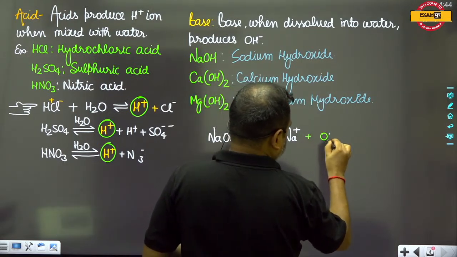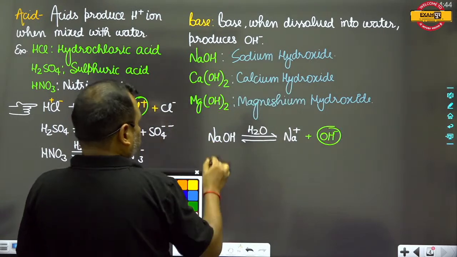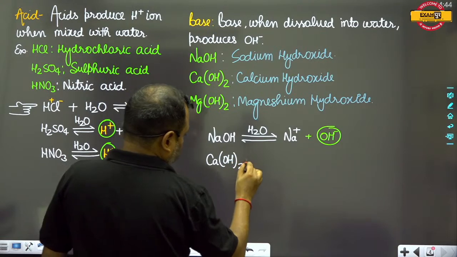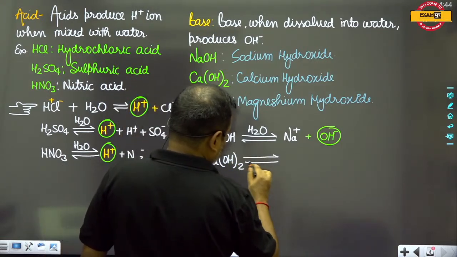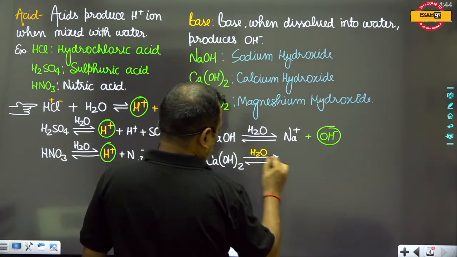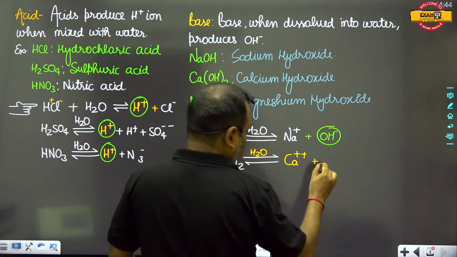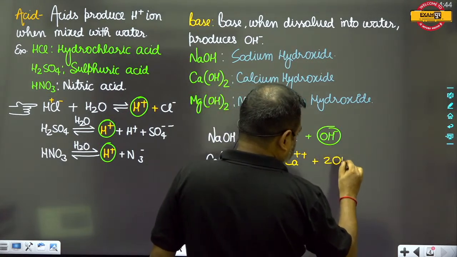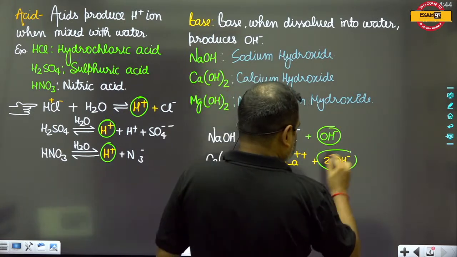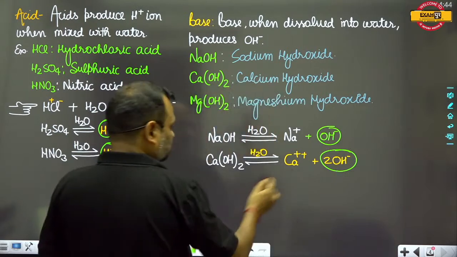Calcium hydroxide, Ca(OH)2, gives Ca plus plus and 2OH minus. So these are the OH minus ions.